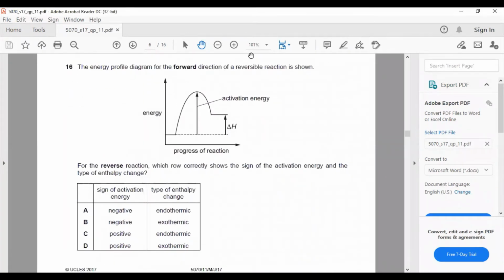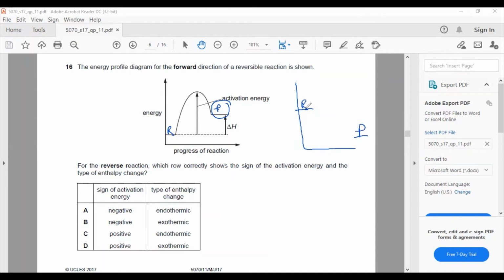16. You see the forward reaction. For the reverse reaction, it will be like this. Now the product becomes the reactant, and the reactant becomes the product.